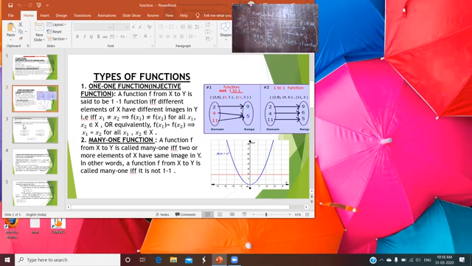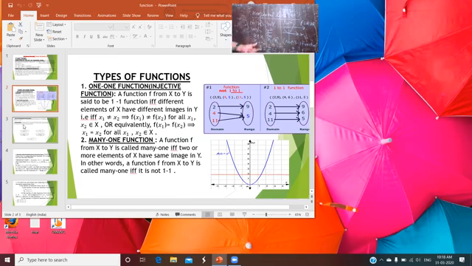Now put the values of x1 and x2 in the given curve. What do you have? Here you have y1 is equal to 4 upon 4a, that is 1 by a. And if you put in x2, y2 is again 4 upon 4a, which is 1 by a.